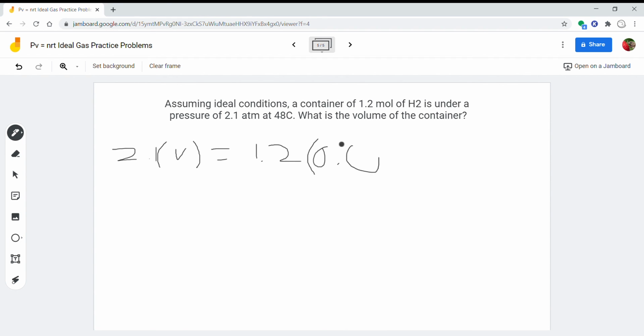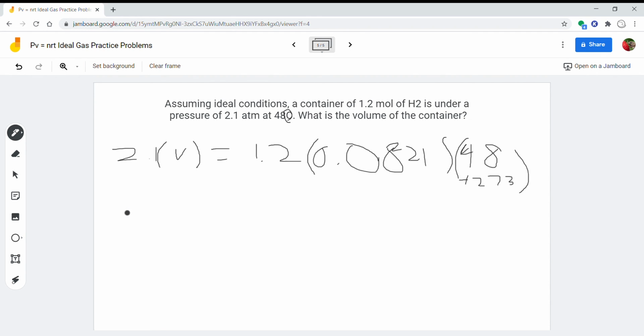For the gas constant, we're using atm, so use 0.0821. And we want to multiply by the temperature, which is 48. Now, we have to remember that this is Celsius, so we have to add 273 to our temperature.